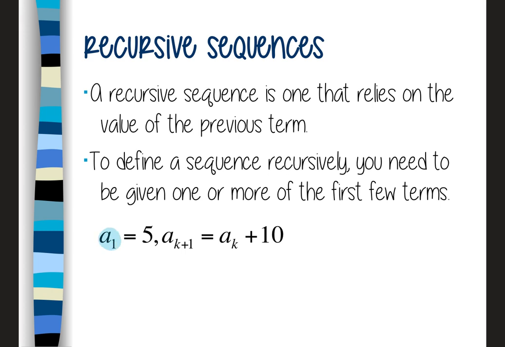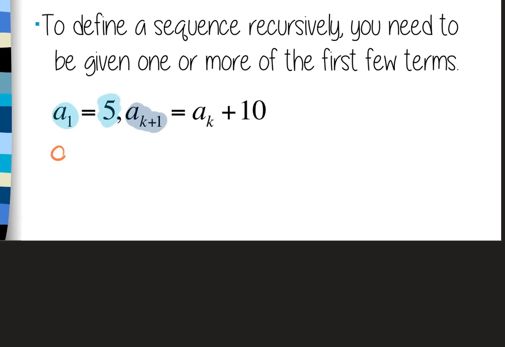So this A1, let's say it's 5 this time. This is saying a_(k+1), which means take the one before it and add a number to it. So if A1 was the first one, A2 is the next one, which would be k plus 1. Then it says take a_k, which was the one before it, and add 10 to it. So if I take 5 and I add 10, I get 15.